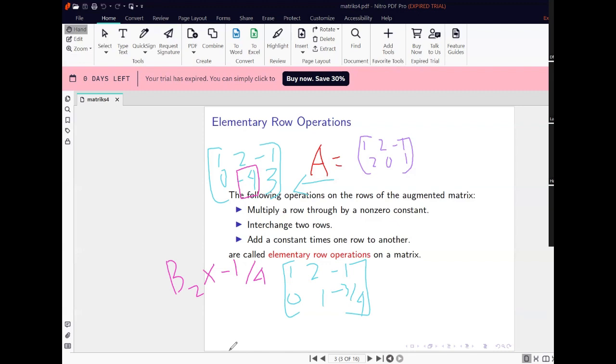The next step is you have to go back to the first row. You see that this is the leading one, and this is also the leading one. Remember in property number 4, for each column that contains a leading one, it has to be zeros everywhere else.